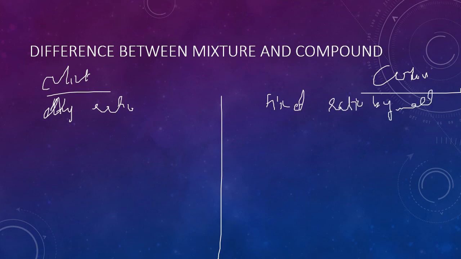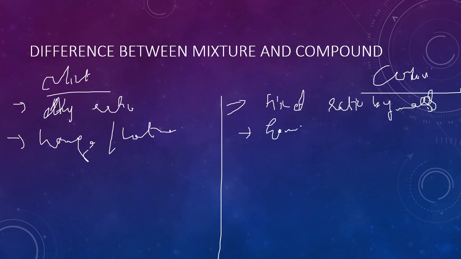The elements combine in a fixed ratio by mass. A mixture may be homogeneous or heterogeneous. But a compound will always be homogeneous because it contains only one single type of particle.